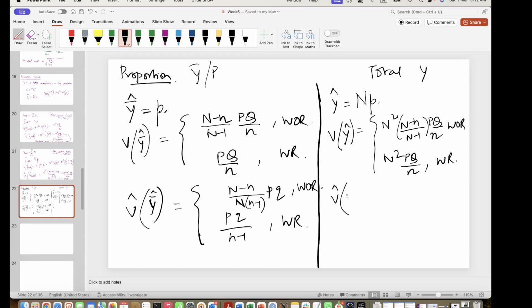And V hat of y hat is N into N minus n by small n minus 1 pq if WOR, and capital N square pq by small n minus 1 if it is WR.